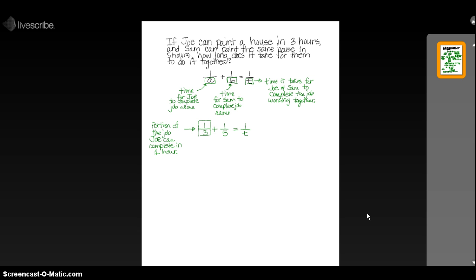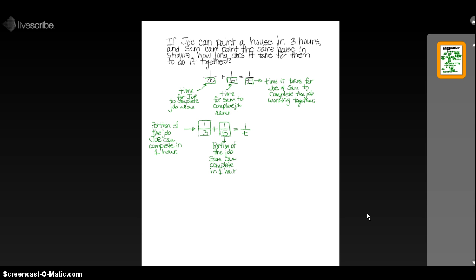If he can do the whole entire job in 3 hours, that means in 1 hour he got 1/3 of the job done. So each hour he's going to paint 1/3 of the house, and then in 3 hours he'll be done. So that means 1/5 is the portion of the job that Sam can complete in 1 hour.